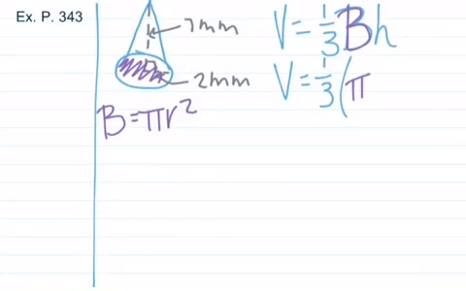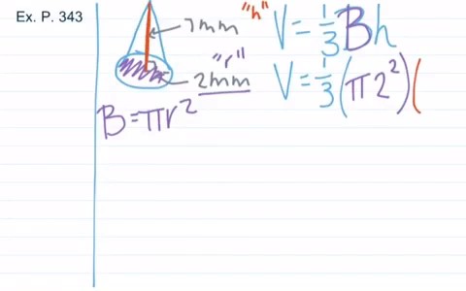So pi, my radius here is 2. So pi times 2 squared, and then the height of my cone is 7. The height forms a 90-degree angle from the top of the cone all the way down.